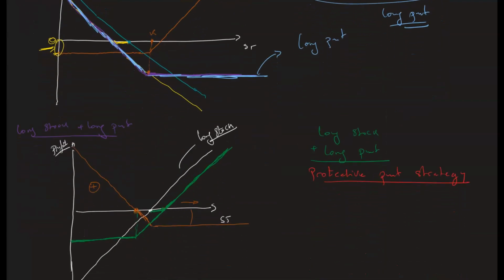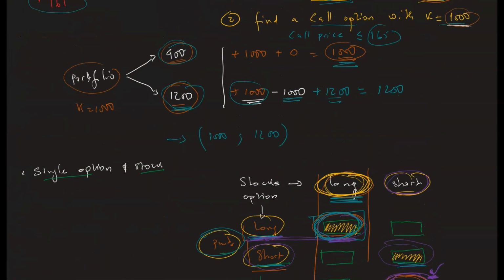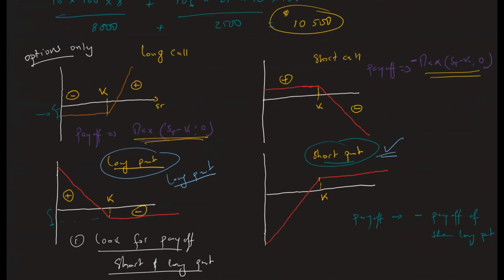Now, what we have here with the long stock, long put, which is a protective put, has the same payoff as, look at this shape here. That is the same as what we had earlier, that is our long call.